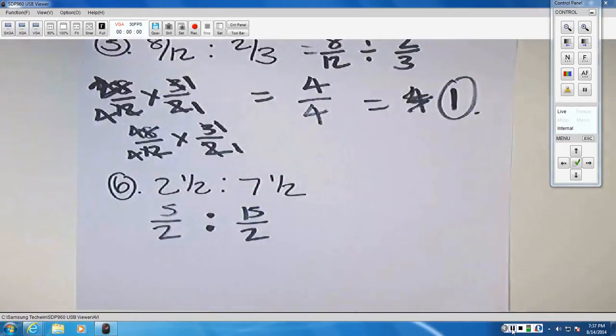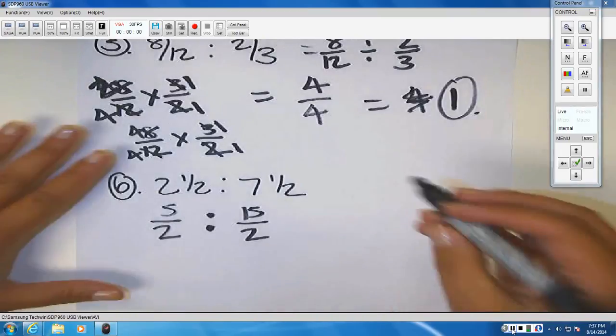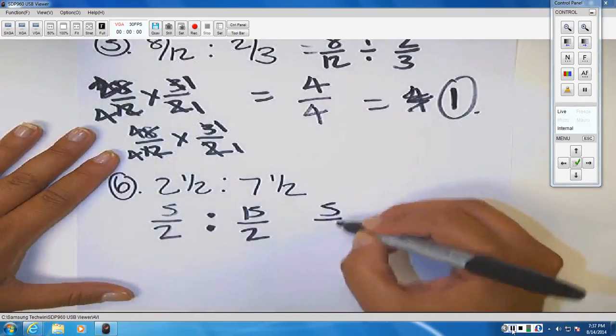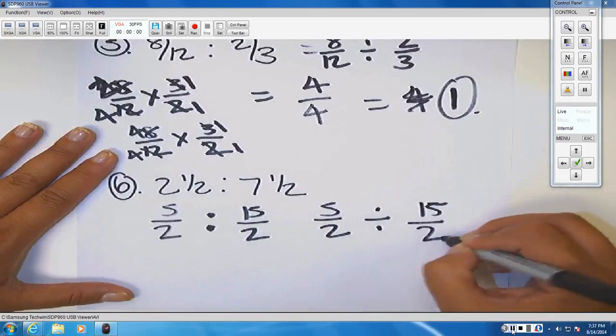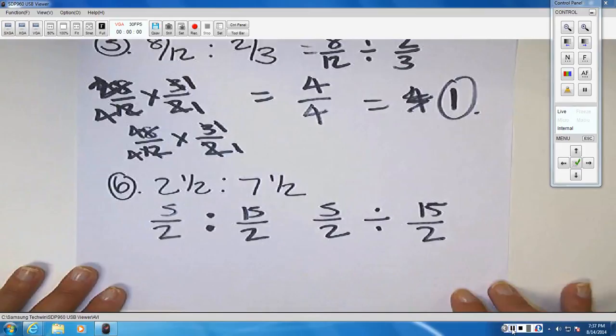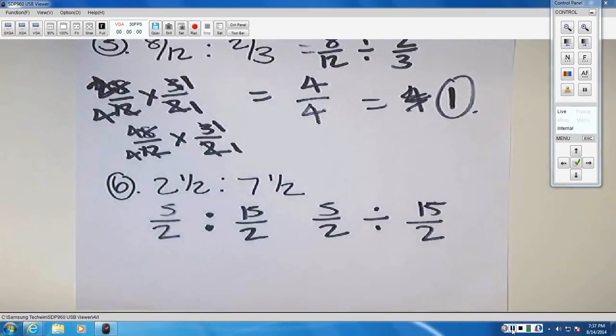And just like in the past, I'm going to take this ratio and set it up as a division problem. So it'll be 5 halves divided by 15 halves. I know that I'm going to now flip that second fraction and turn it into a multiplication problem.